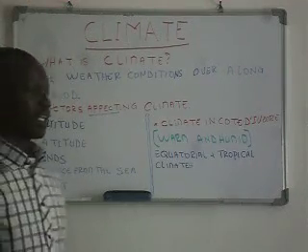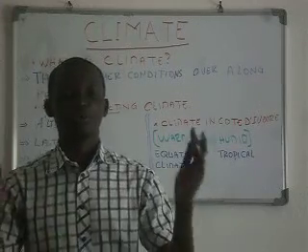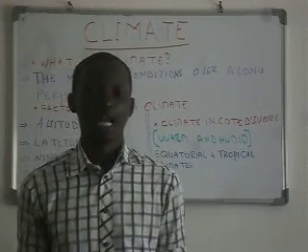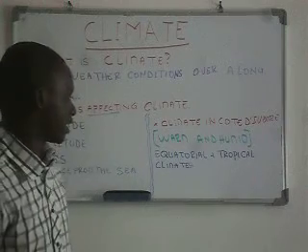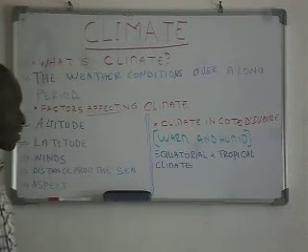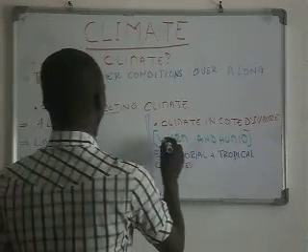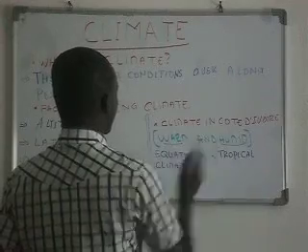Now, let us talk about Côte d'Ivoire, our country. For example, if you go outside Côte d'Ivoire and somebody asks you about the climate here in Côte d'Ivoire, you should just simply say that in Côte d'Ivoire, generally, our climate is warm and humid.